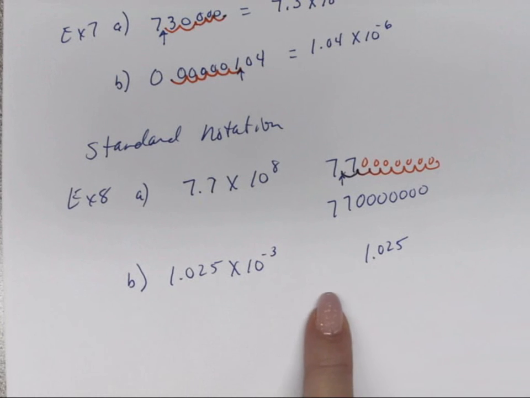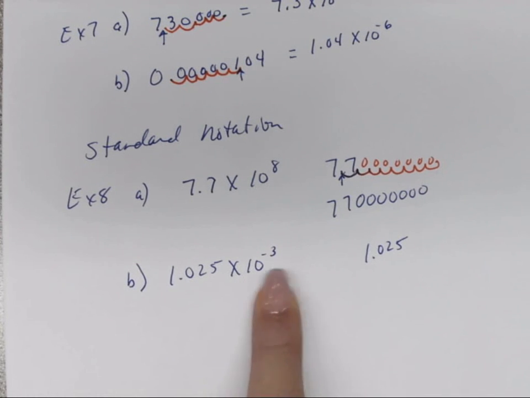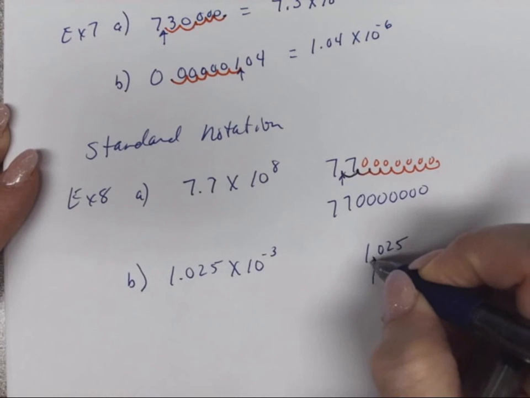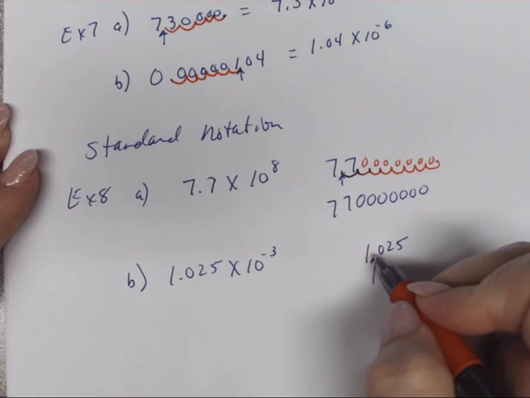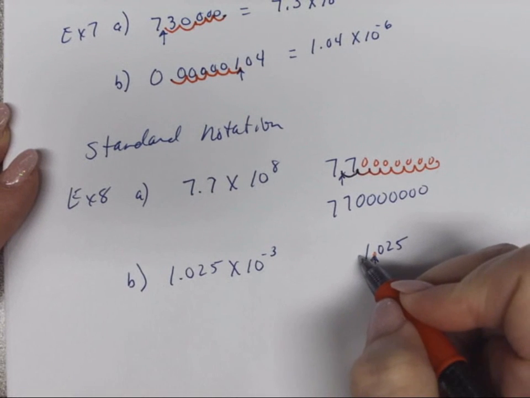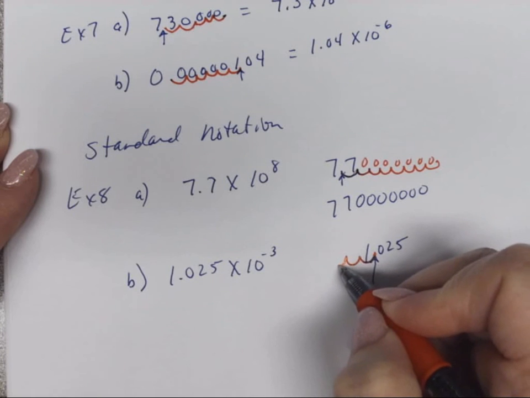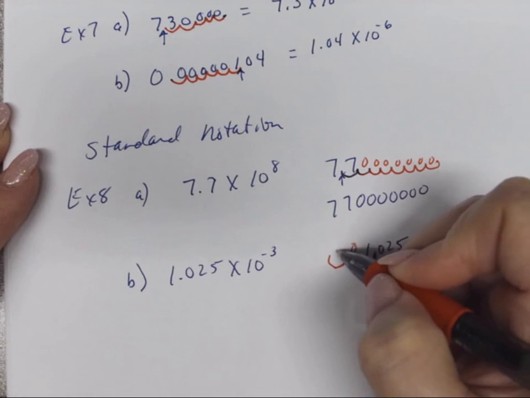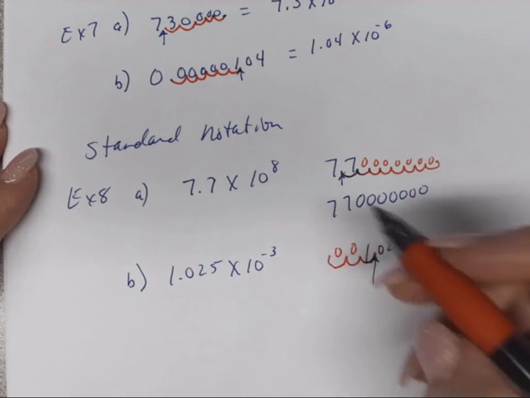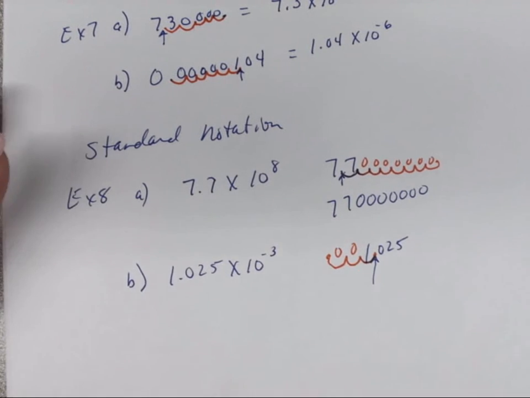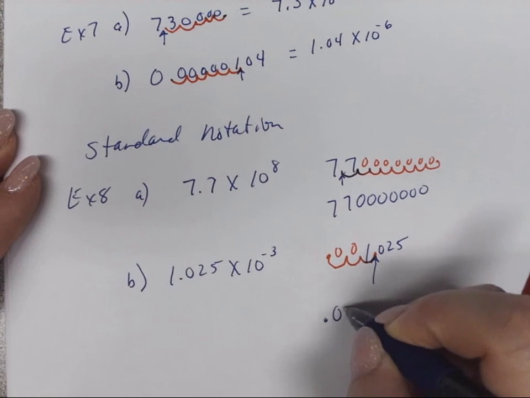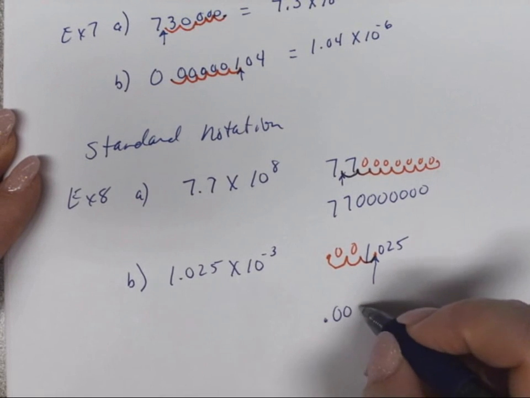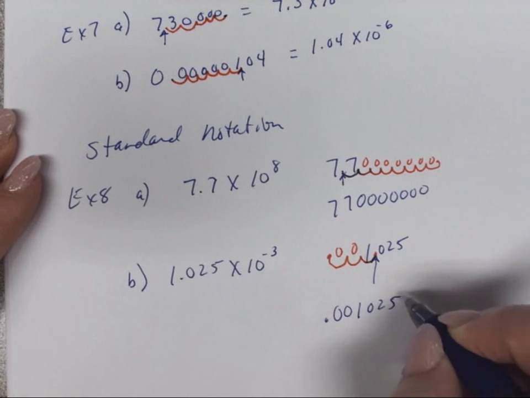So the decimal has to move this way to make it back into a smaller number. My decimal place is here, and it's got to go 1, 2, 3. So I'm going to have 2 zeros right there with my decimal point right here. My new number will be 0.001025.